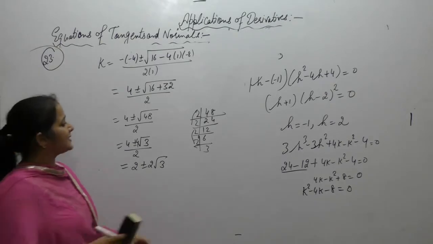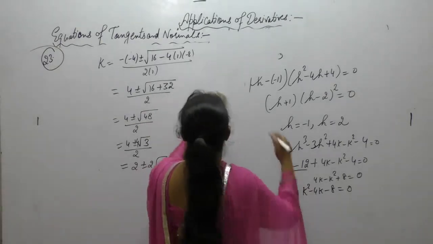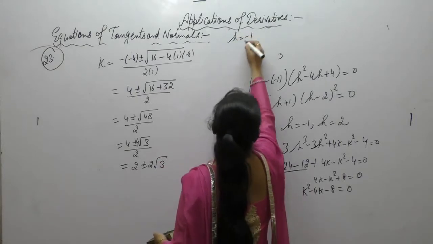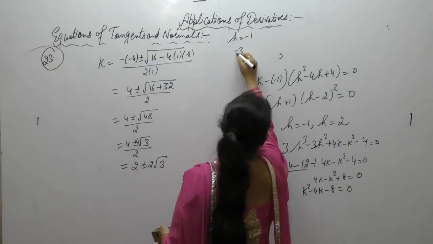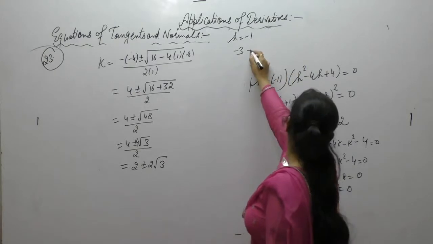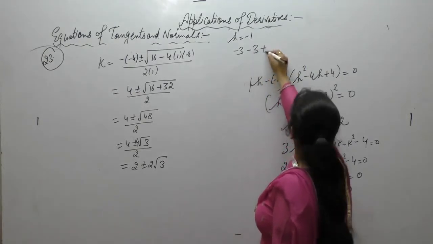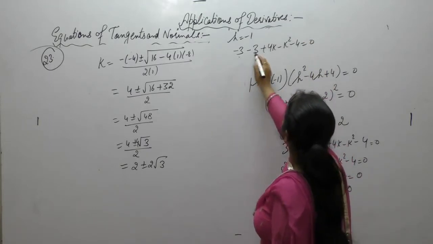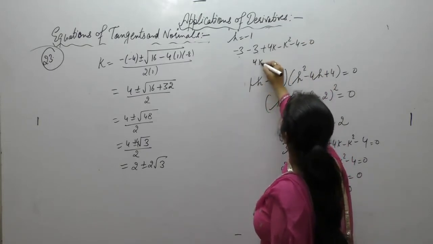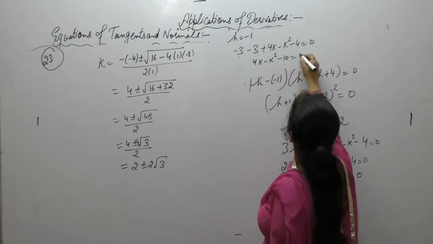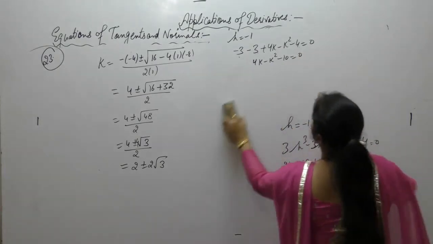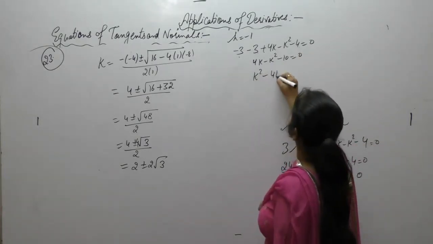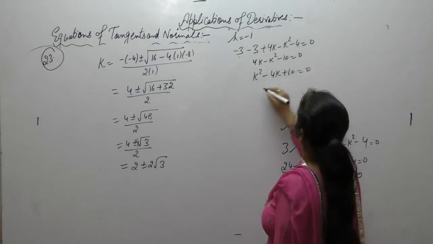And when h is equal to minus 1, minus 3, h minus 1, 4k minus k square minus 4, 0, minus 6 minus 4. So we get k square minus 4k plus 10.